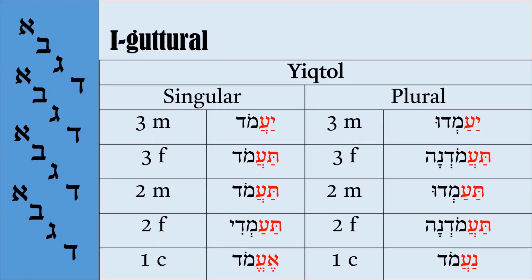In this case the first consonant cannot take sheva, and what happens? It takes a compound sheva, and you can see it is chatef patach everywhere. And when it takes a compound sheva, the vowel of the prefix is also changed, so it will be the same as the vowel of the compound sheva.